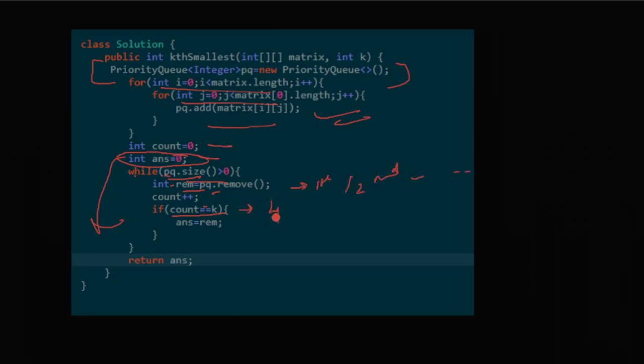As soon as the count comes to be 4 or 8, whatever we want, you store it in the answer. You can also add a break here if you want, so that once you have the answer you can move out and print it, because we just needed one. Okay, that's what is to be done.